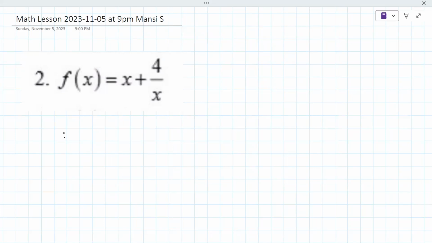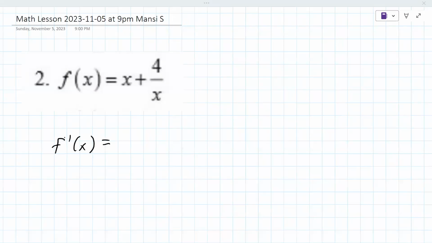Can you quickly take a derivative of something like this? And what would that be? Derivative of this, yeah, you're seeing my screen there.